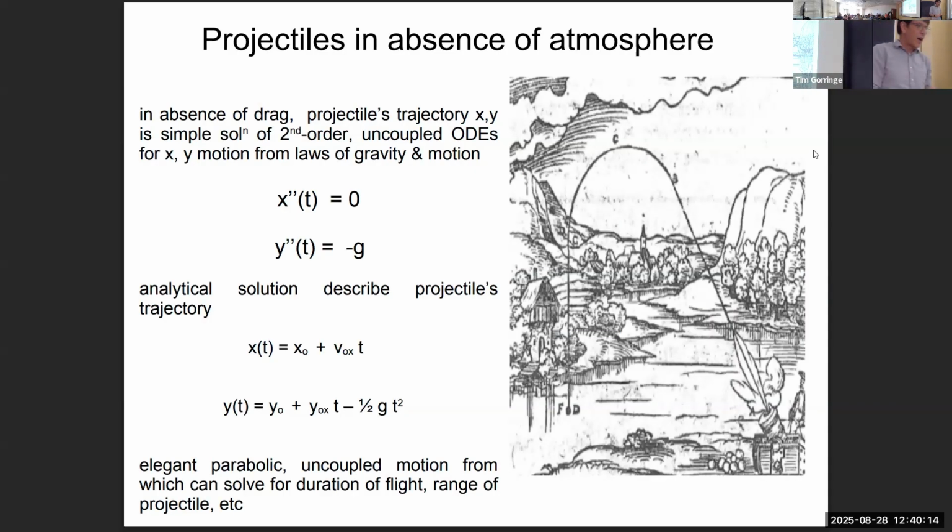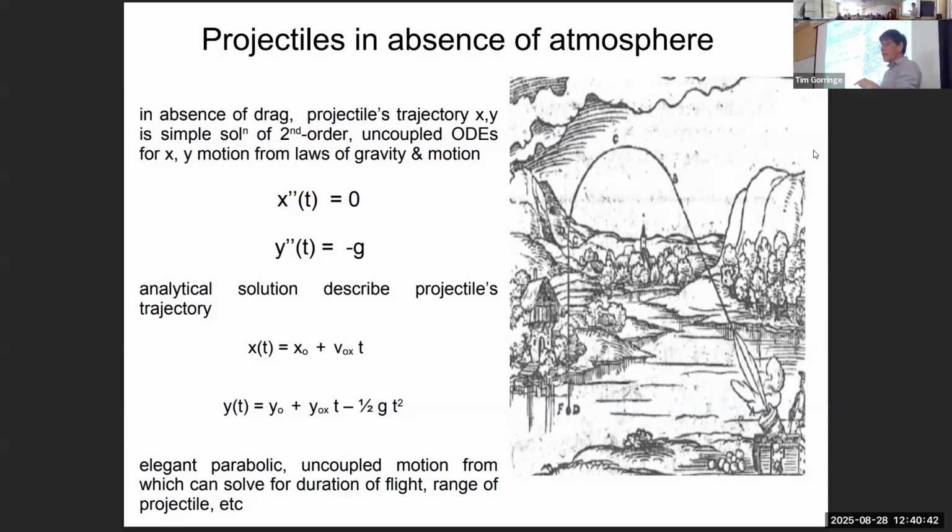I said I'd say a few words about the other example we use today, which is projectile motion. Projectile motion you meet in your first general physics class, and projectile motion in the absence of air has a simple analytical solution. The projectiles follow a parabolic path described by a parabola.